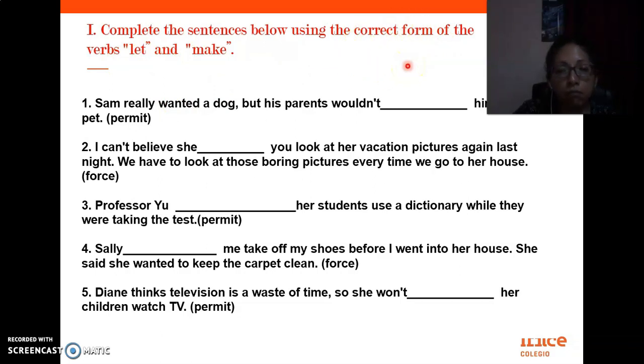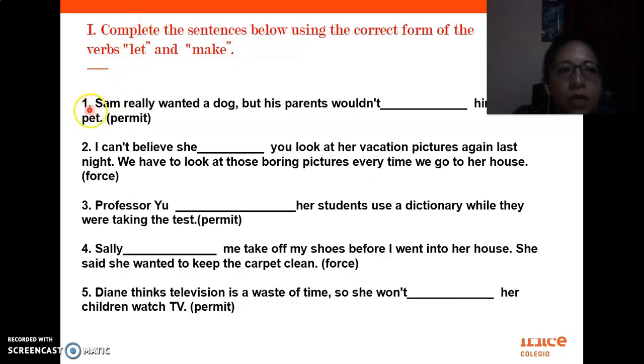Could be the present. Could be the verb make or let in simple present, or could be the forms of let and make in simple past, or the forms of the verb let and make in simple future, etc.